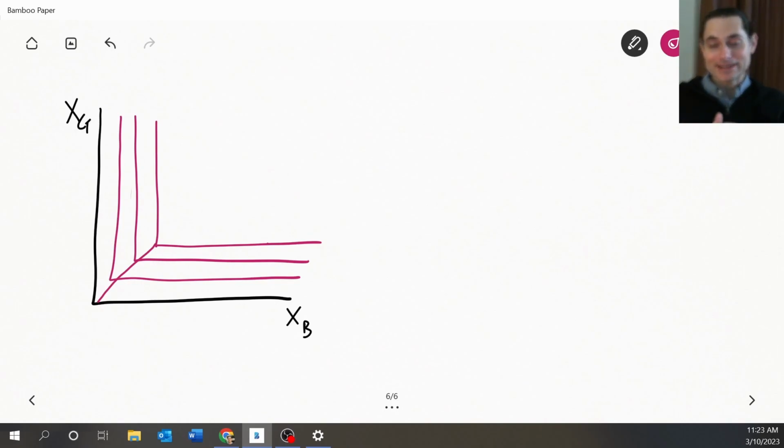An example sometimes is there are some people who only drink tea with sugar, and they only use sugar when they're drinking tea. So for them, tea and sugar come together in bundles. It's no use to them if they have more sugar than they can use for the amount of tea they have, and it's no use for them to have more tea than the amount of sugar they have. Okay, so this is one classic type of indifference curve.